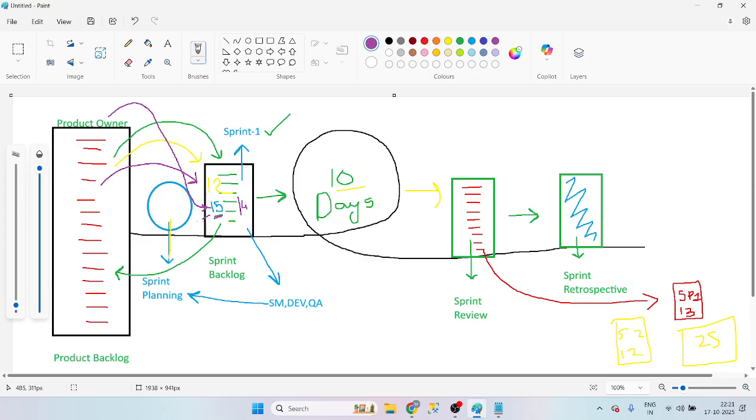Remove those two tickets to the product backlog and add another two tickets. Now, is this possible, guys? It's possible, but we have done the planning.